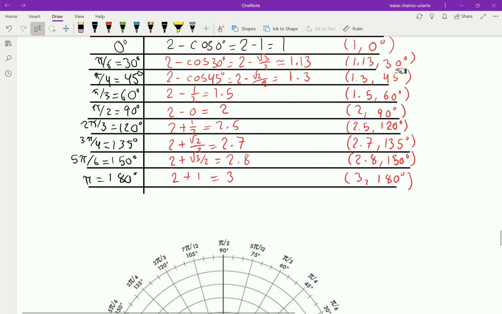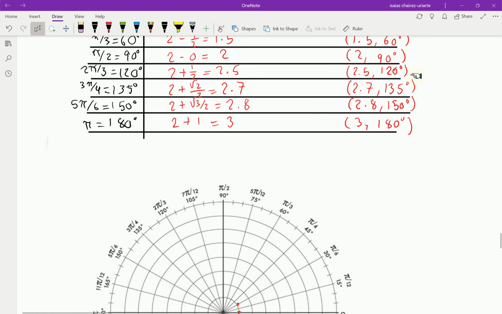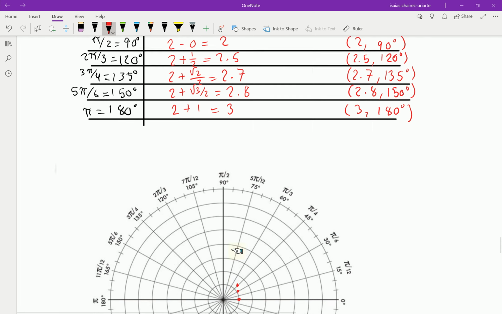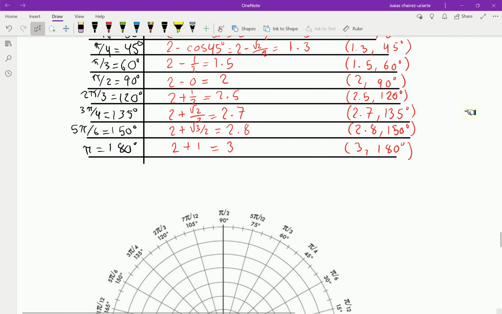Now let me go to 1.3, 45 degrees. So 1.3 first, 1.3 somewhere around here, and then 45 degrees. That puts me right there. So that's my point. That's 1.3, 45, and then 1.5, 60 degrees.